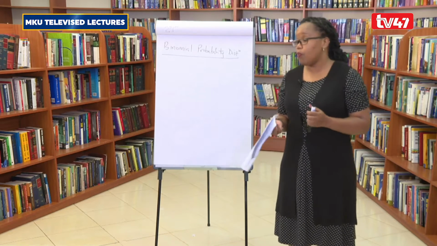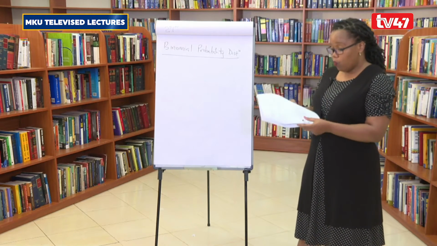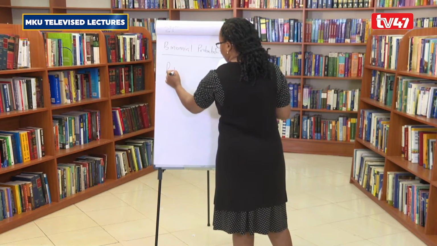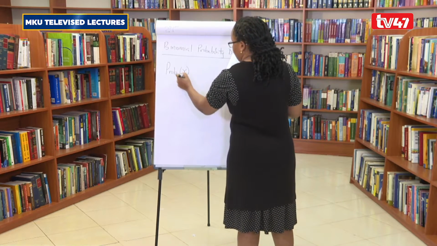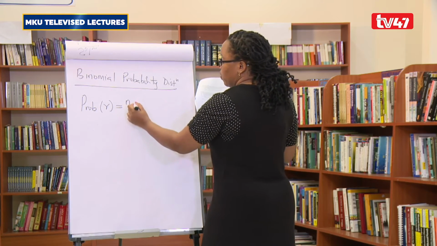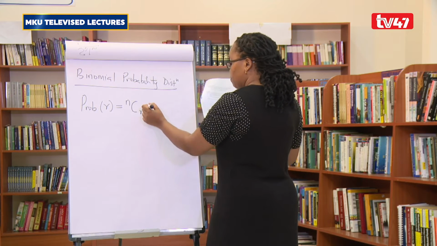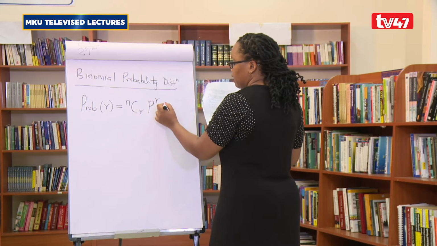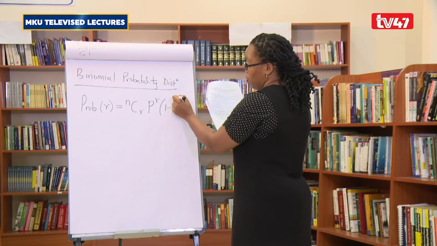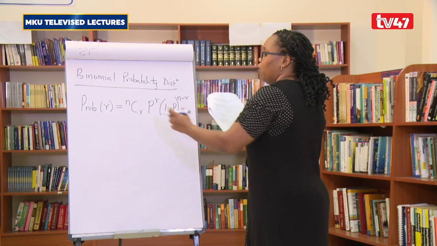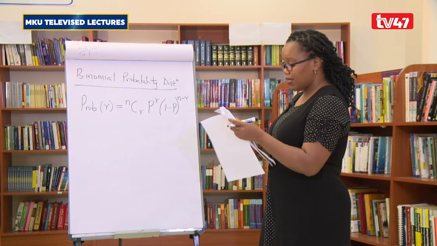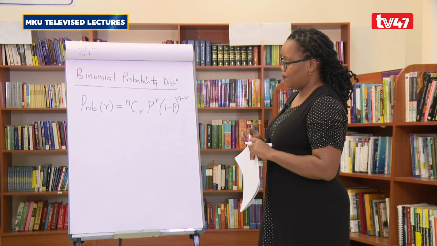Our computational formula for the binomial probability is: n combination r multiplied by p raised to power r multiplied by 1 minus p, which is raised to power n minus r. We'll describe each parameter once we are done with the formula.